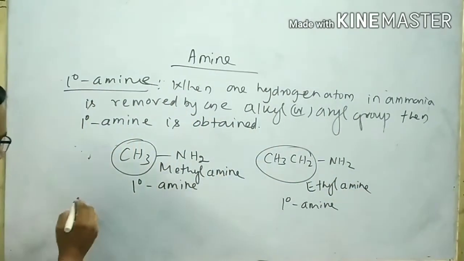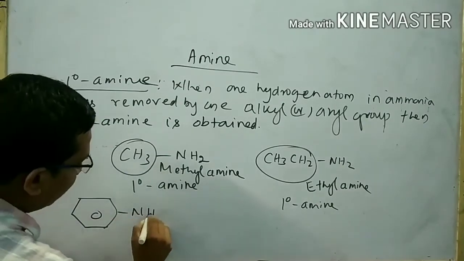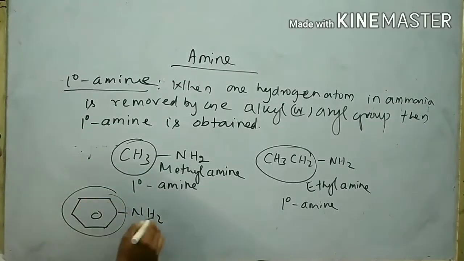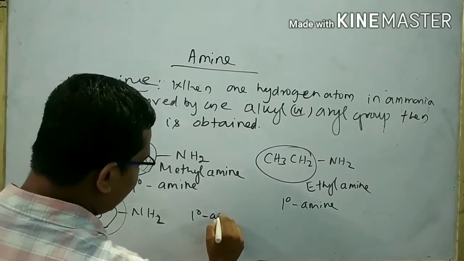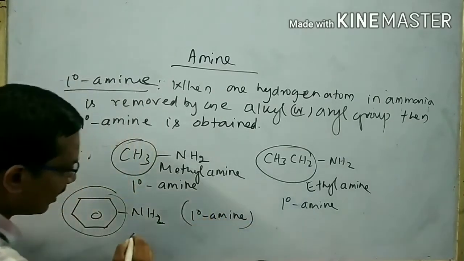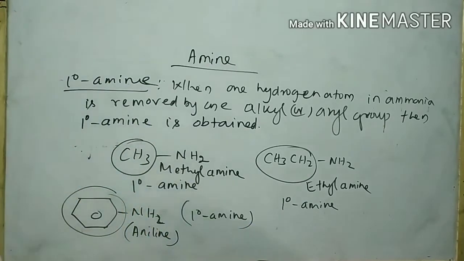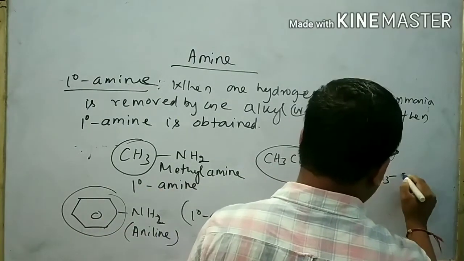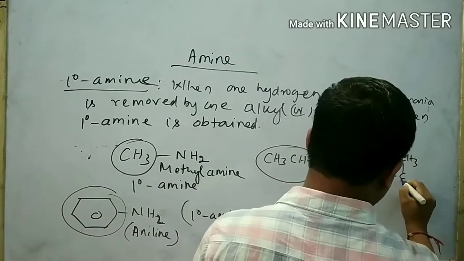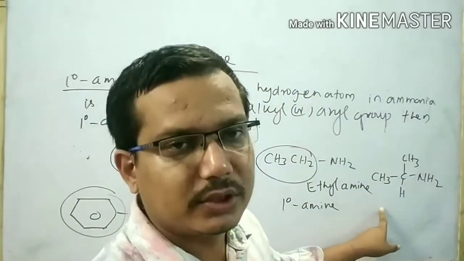Suppose take another example. Here one aryl group is present, that is said to be 1 degree amine, and its name is aniline. Suppose I want to take another example. Tell me this belongs to which type of amine?